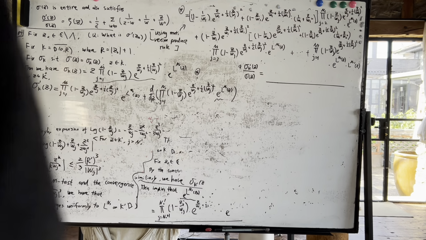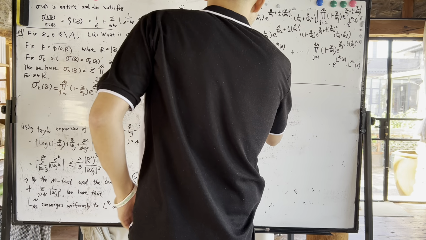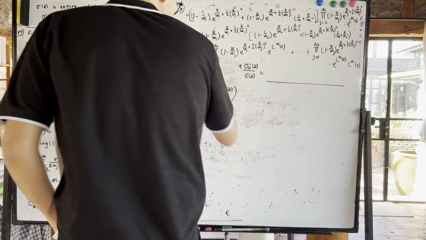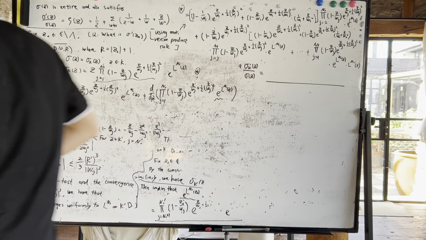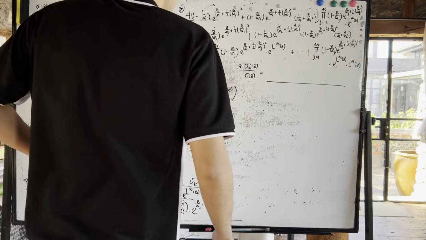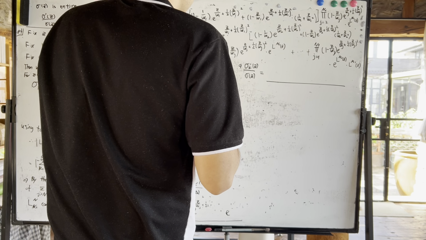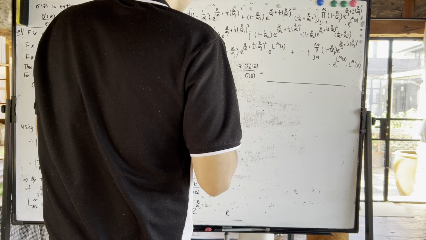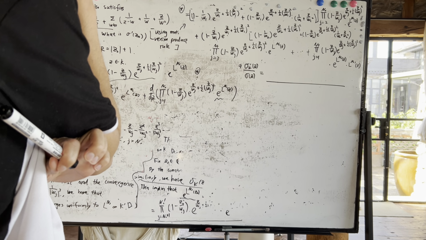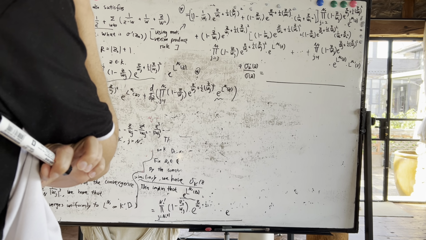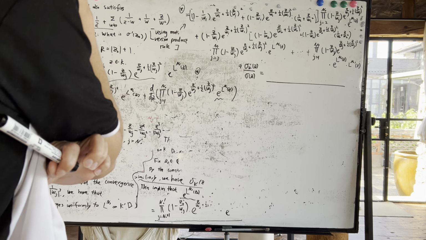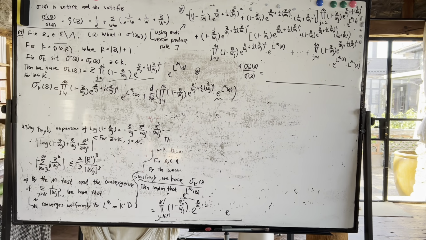So let's start by calculating the quotient between this omega k prime z and sigma z.